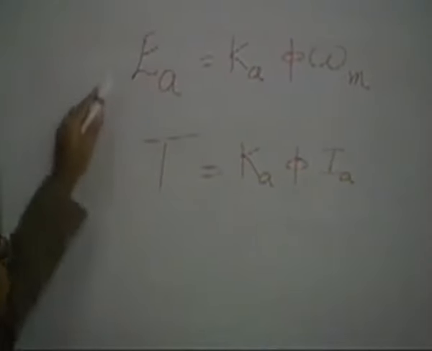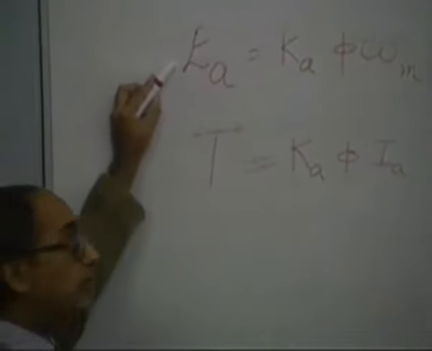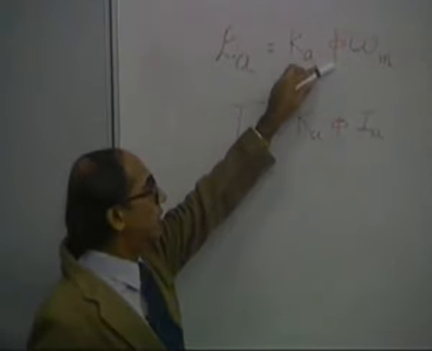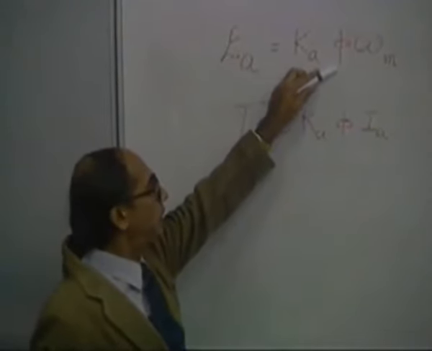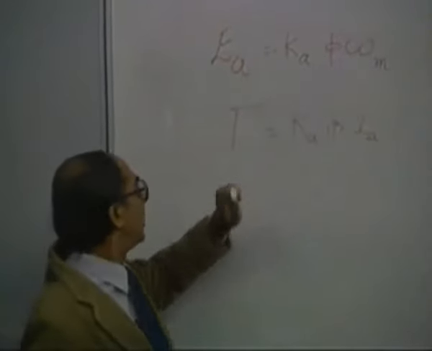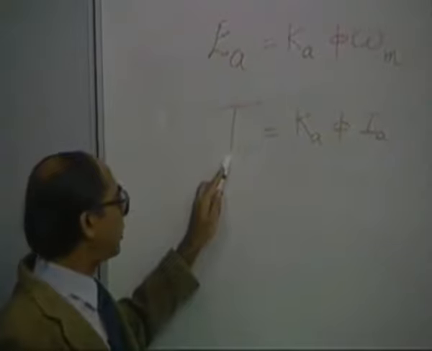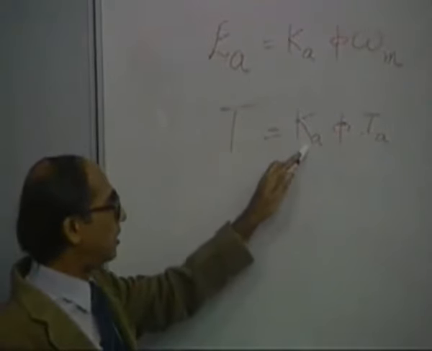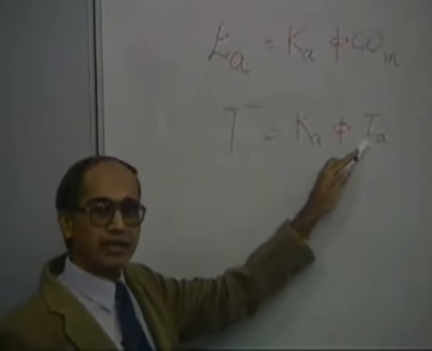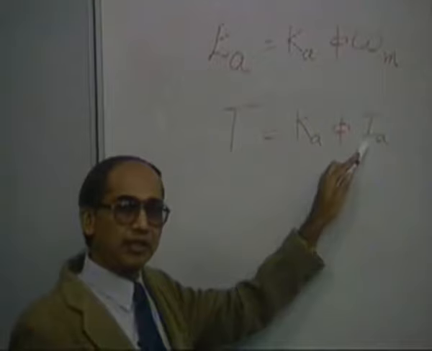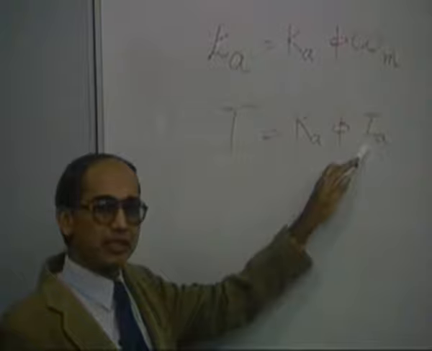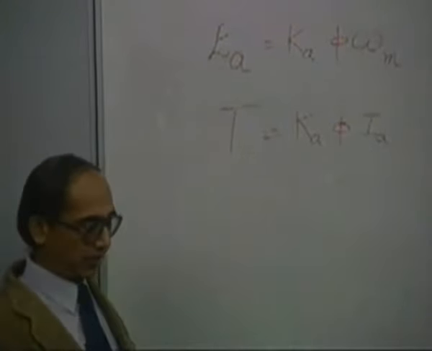Here EA is the induced voltage across the brushes, KA is a constant, phi is the flux per pole produced by the field, and omega m is the speed of rotation in mechanical radians per second. Similarly, torque developed in a DC machine was again a constant into the flux into the armature current that is flowing in the windings, whatever current has been injected into the machine through the brushes.